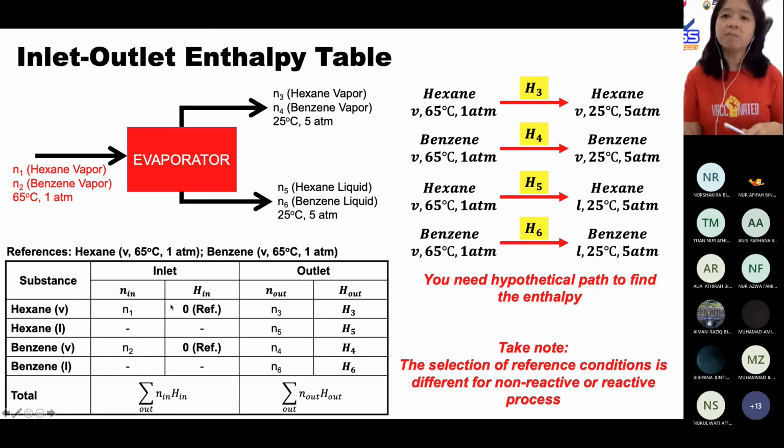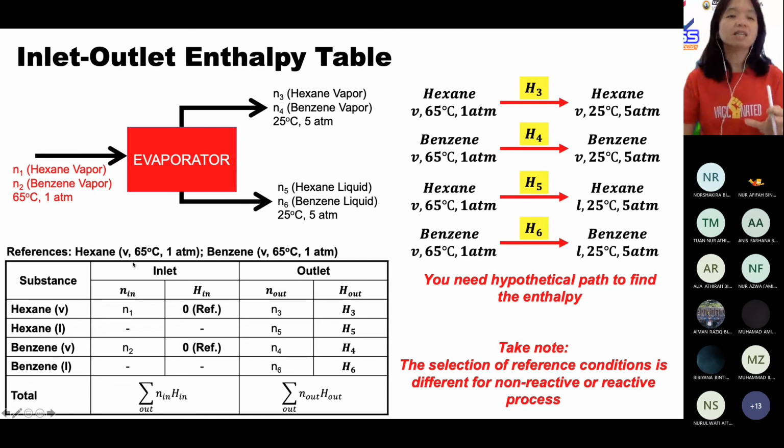H in tu adalah enthalpy in. So enthalpy in ni pula nanti kamu akan faham. Kalau ada nilai molar flow rate, kamu kena kira entalpi dia. Okay, so but in certain case, entalpi tu boleh menjadi kosong. Why? Okay, case ni adalah kerana katakan kamu punya reference condition tu sama dengan inlet condition.